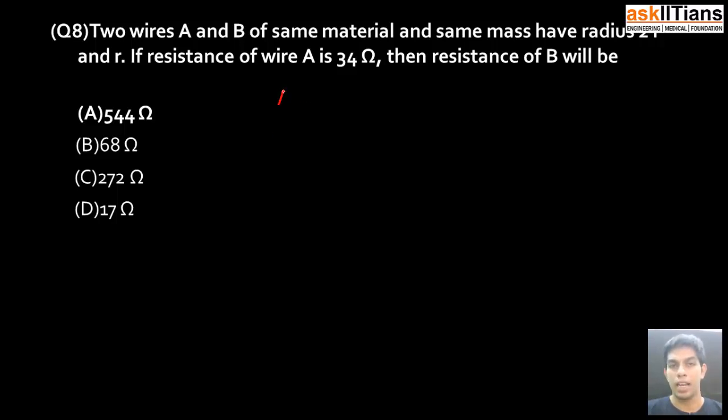It's given that mass of A is equal to mass of B. So I can write that rho, the density, multiplied by the volume of wire A, which is LA into 4 pi r square, the cross-sectional area, is equal to the same density into LB into pi r square, again the cross-sectional area.